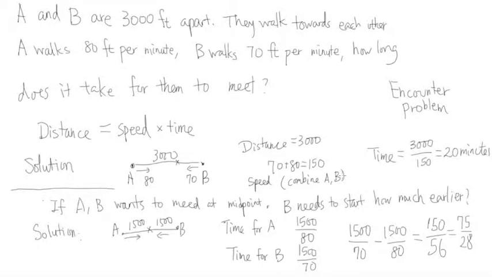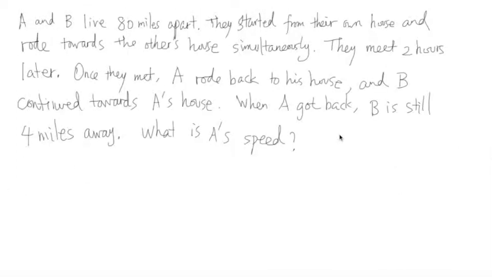Now next we're going to look at some more examples where the situation is not as straightforward. In this example, we have, again, A and B living 80 miles apart, and I will just draw the graph and see what happens.